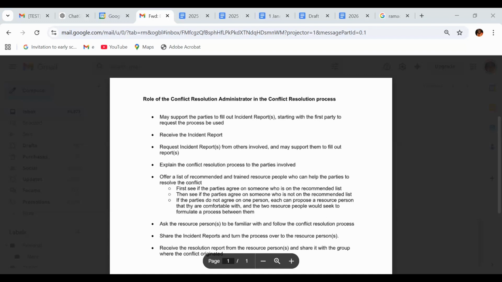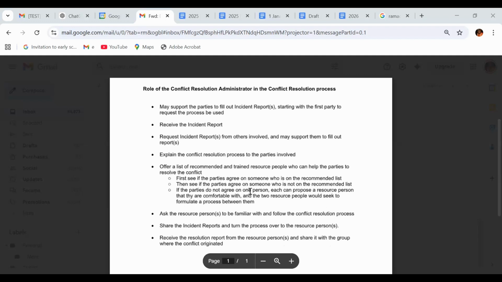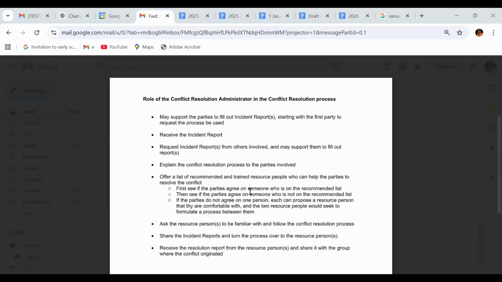There's the one that contains the entire meeting guidelines, conflict resolution, and other issues. That one's a bit longer because it does have sections. Then there's one that specifically describes the process that the conflict resolution administrator is going to be involved in. That document is about 3 pages. I think there was a large print version of it that makes it seem longer, but in normal print, it's about 3 pages.